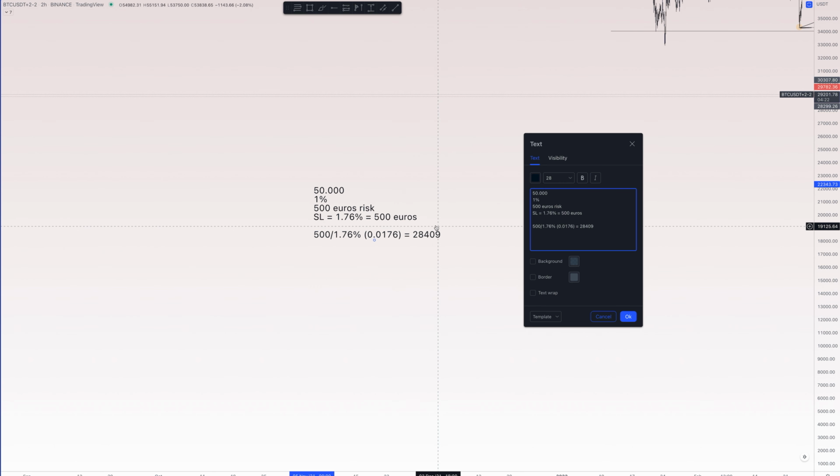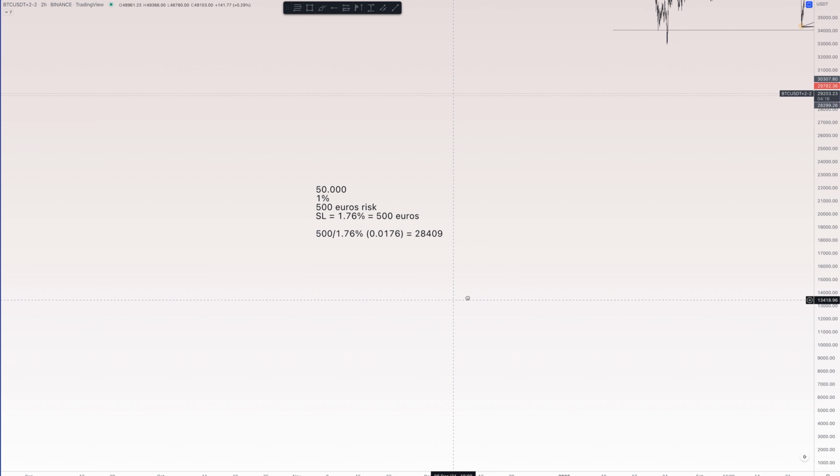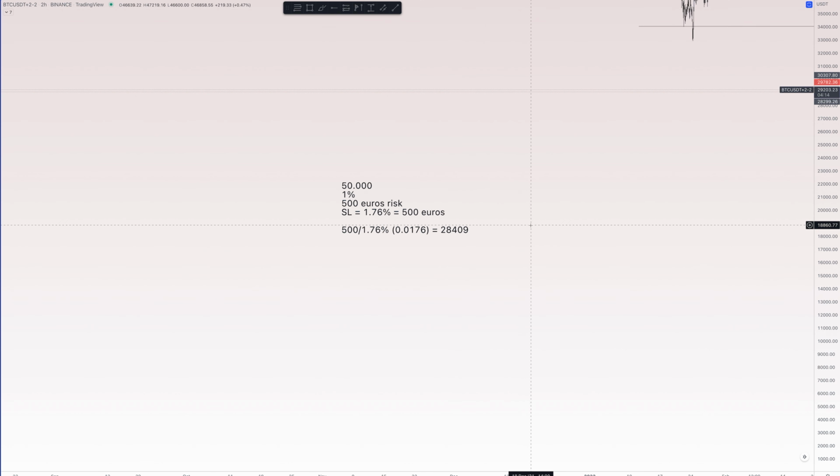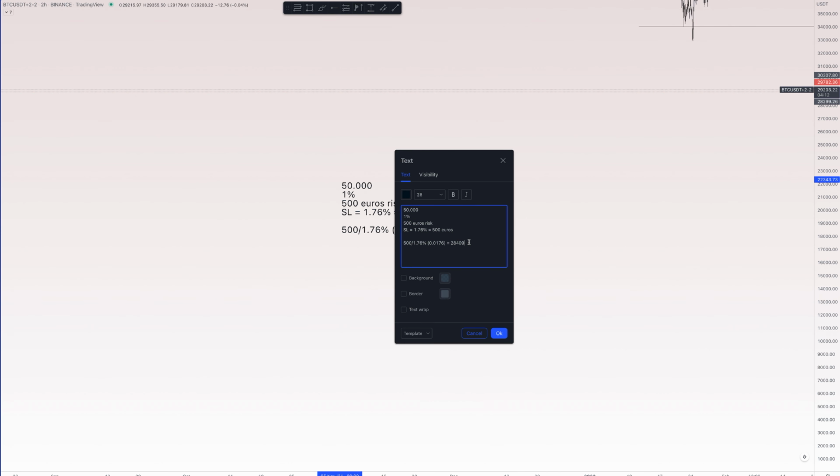So this is the amount you're bringing in of your own money in this trade. So if your trade gets stopped out, and your position size is 28.4k, and you're stopped out for 1.76%, then of course it's very easy: 1.76% is equal to 500 euros.